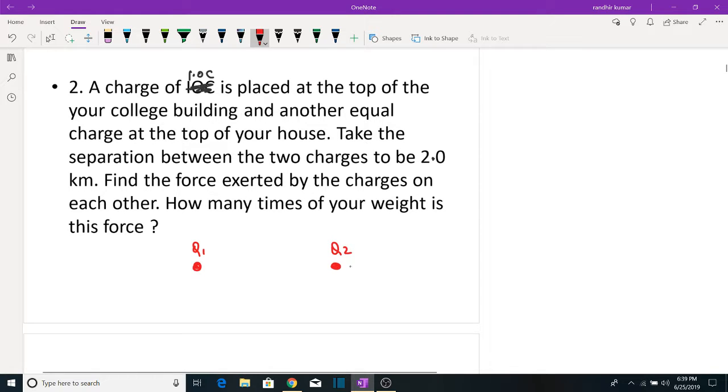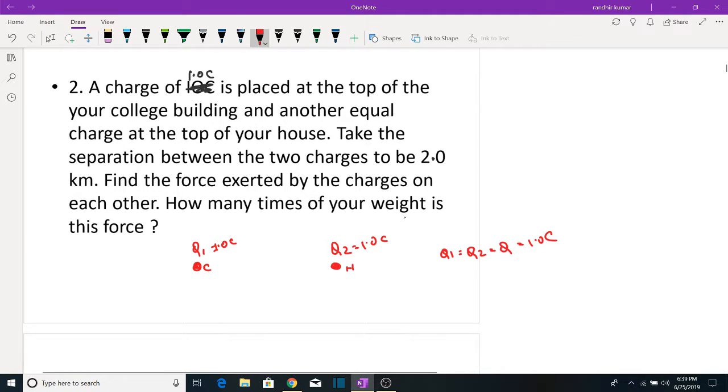The value of charge is 1.0 coulomb, which means both charges are equal, Q1 equals Q2. Let Q equal 1.0 coulomb. Clear?